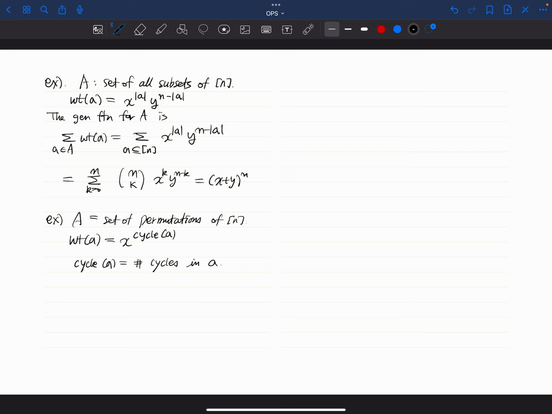Then we can show, we will prove this later, that the generating function for A can be expressed in a nice way like this. This is more complicated than the previous examples, but we can prove it. We will do this later.